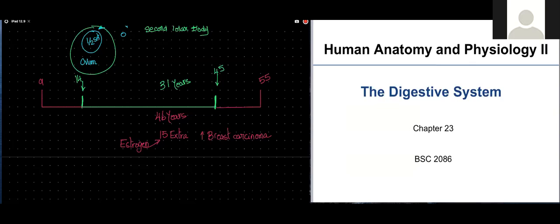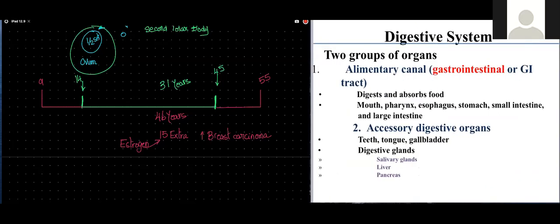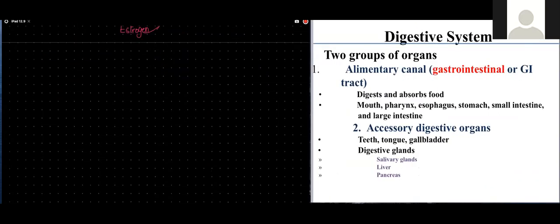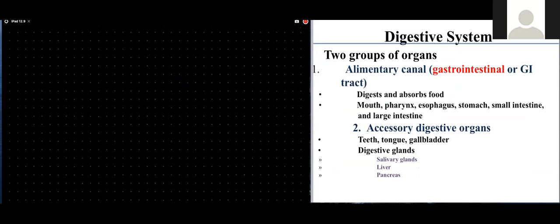All right, so starting today our discussion of the digestive system. The digestive system is going to be divided into 2 main groups of organs. First group of organs is going to be the gastrointestinal tract, starting first from the oral cavity to the part of the pharynx located behind the oral cavity.